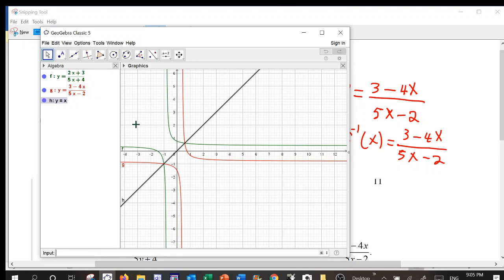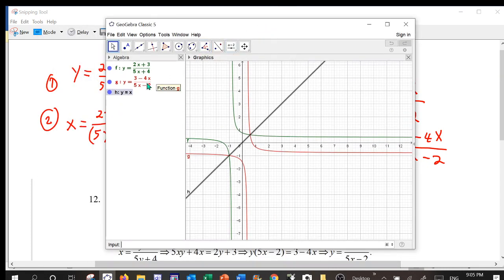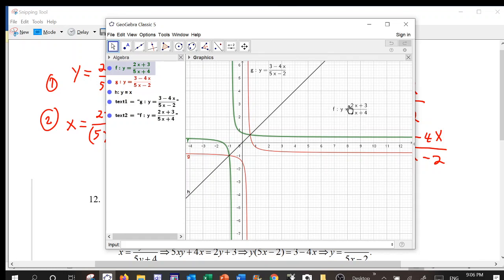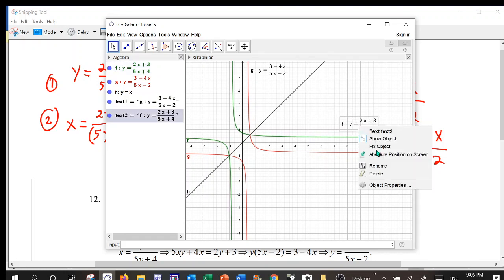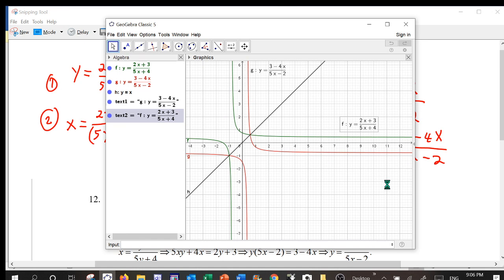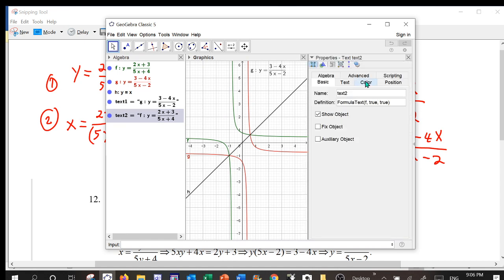So you see this is the red one, and this is the green one. Well, it should be green. I don't know why it's not green.